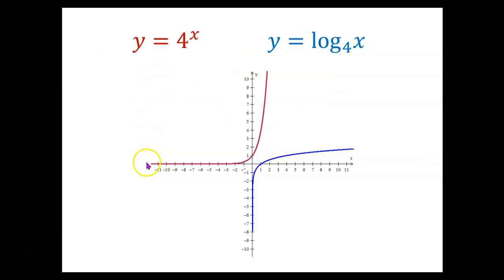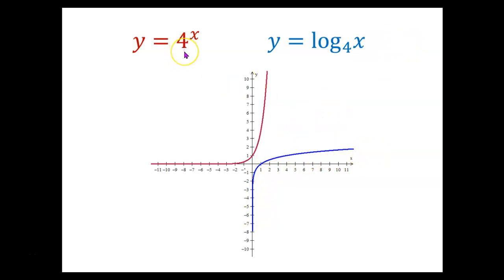And here's a graph showing the function that takes x and gives you 4 to the x power, and then the inverse that takes x and gives you the base 4 logarithm of x.